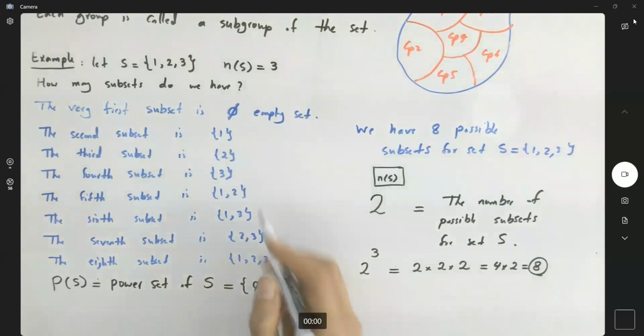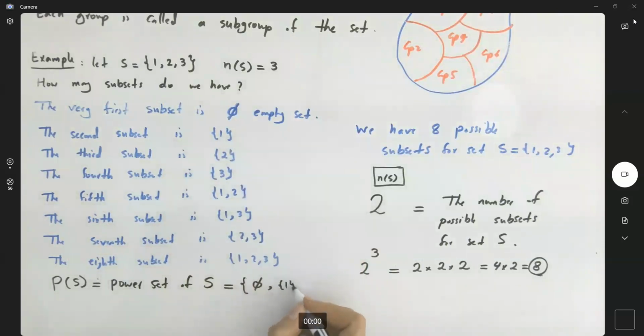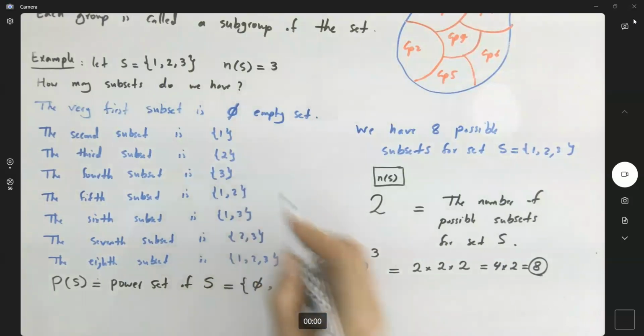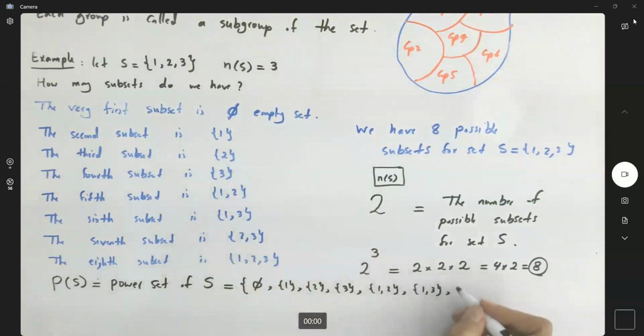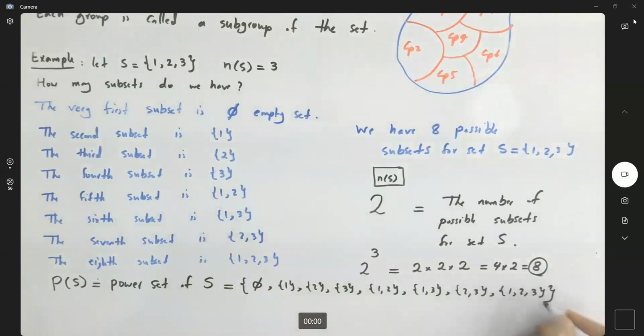Empty set, set including 1, set including 2, set including 3, set including 1 and 2, set including 1 and 3, set including 2 and 3, and the last set is equal to S itself, the set including 1, 2, and 3.